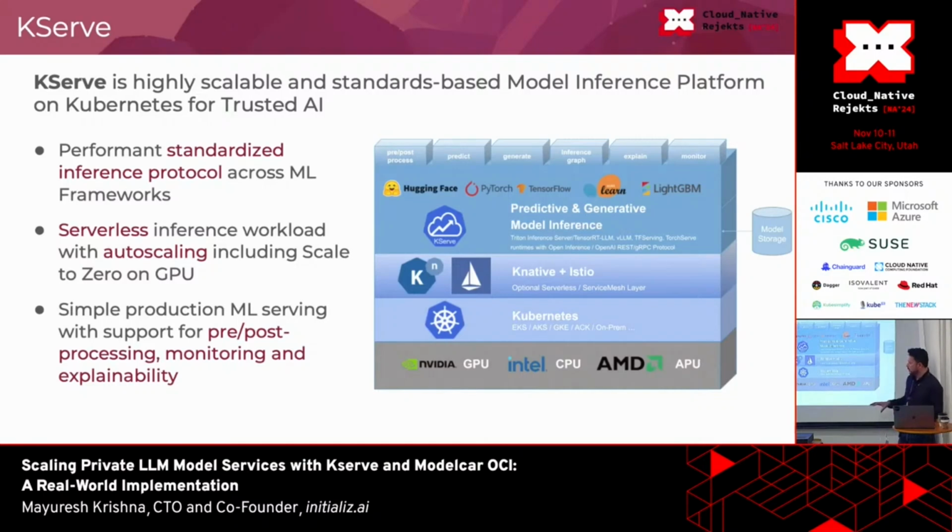It's built on top of the basic infrastructure layers which most of the organizations using Kubernetes have. So on top of Kubernetes, it uses Knative and Istio to act as that serverless plane. And then on top of that, KServe sits as a predictive and generative model inference platform.